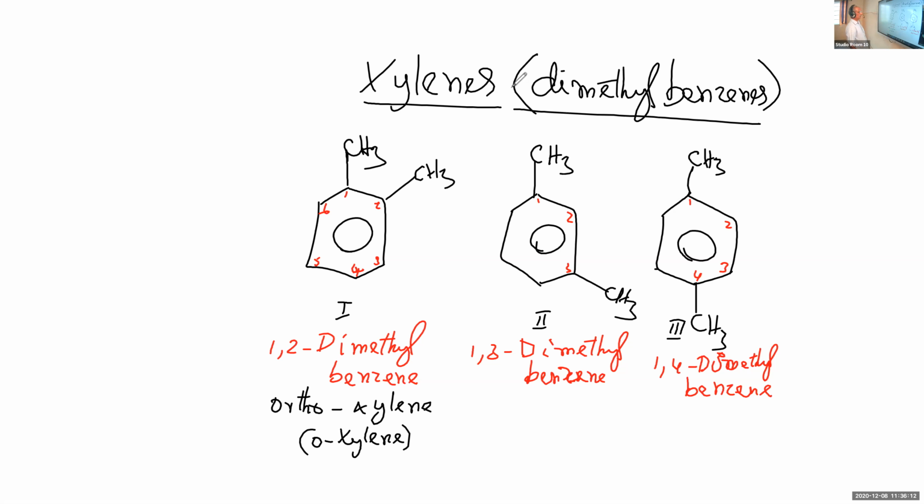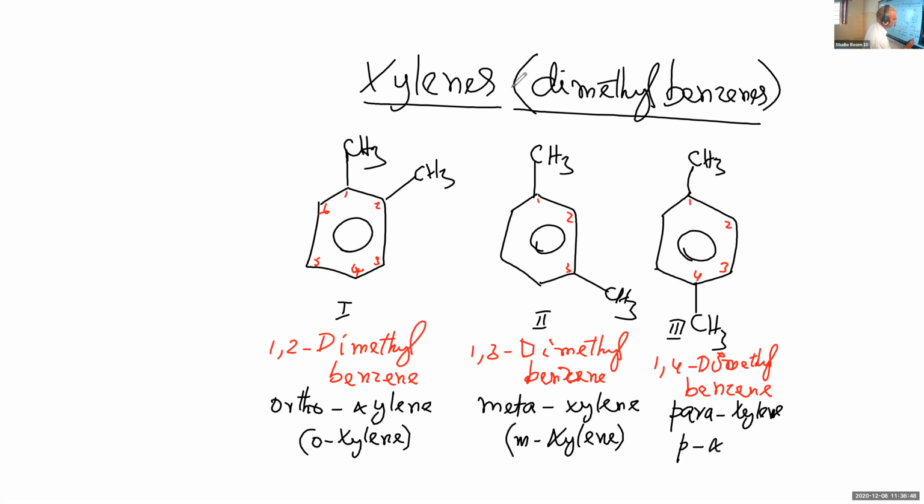The 1,2 position, similarly 1,6 position, is the ortho position. The other one is called metaxylene, small m. And the third one is called paraxylene, or small p xylene.